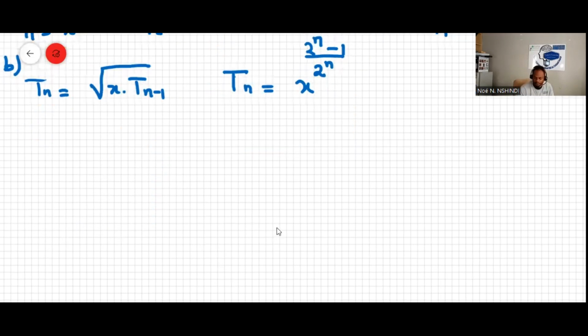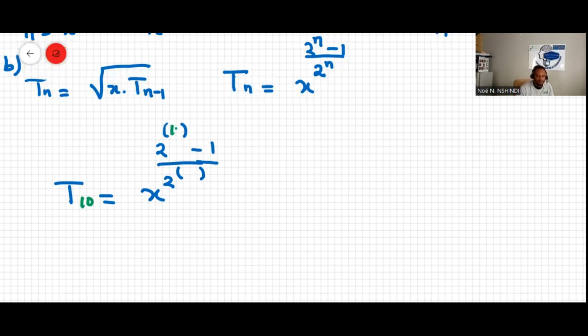Let me write it like this. So I can say T10 will be x, and the denominator is 2 to the power of n, and the numerator is 2 to the power of n minus 1. I'm referring to this formula. Now T10 means wherever we have n, we substitute by 10.